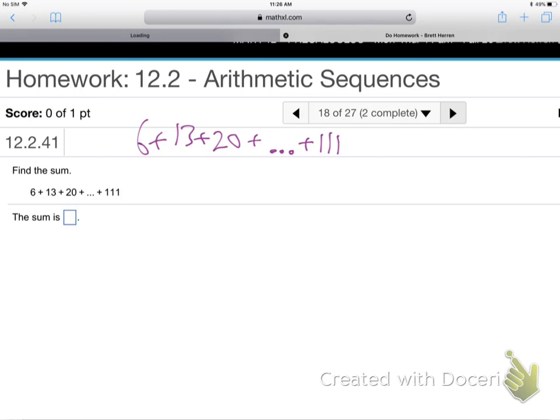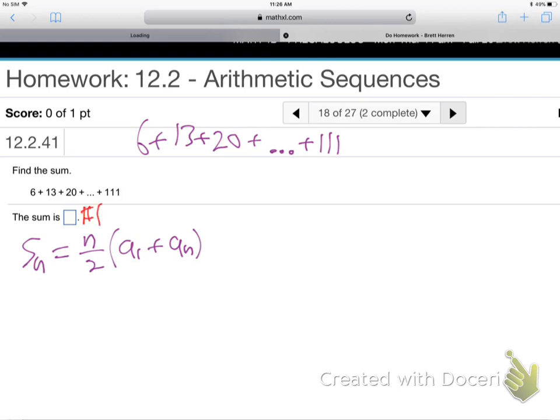So they have plus signs, so use the S sub n, the sum formula. So remember what these different pieces represent.